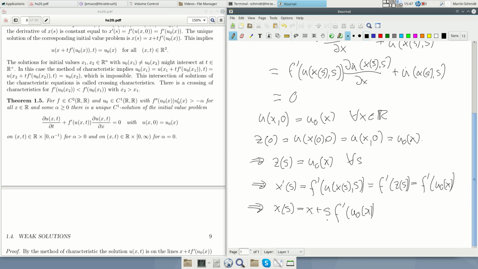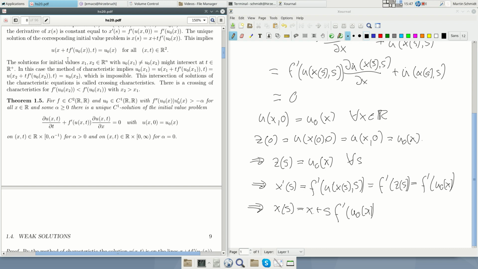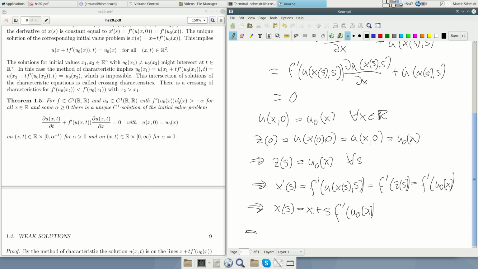This means, now we call s t, because here this is a t. So this means that u of x plus t times f prime of u0 of x, comma t is equal to u0 of x.